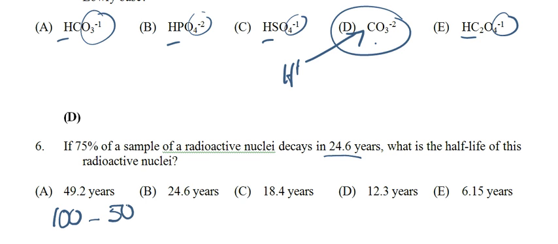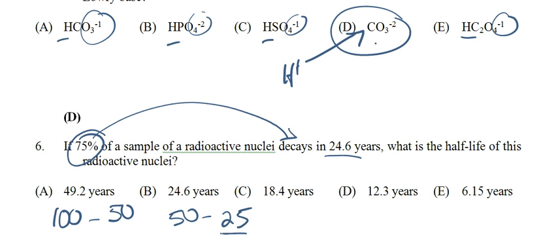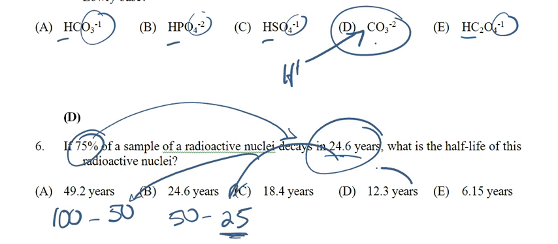If you go through one half-life, you're down to half of your original sample. Go through another half-life, you're now down to 25%. Well, if 75% of it decays, we should have 25% remaining. So, if it took 24.6 years to do both of these, we're going to divide this by 2. So, letter D.